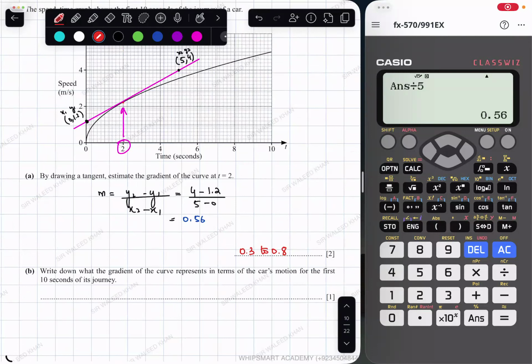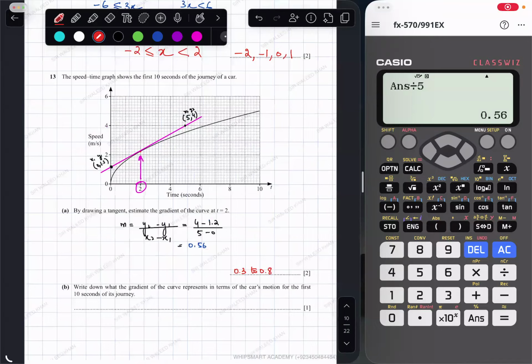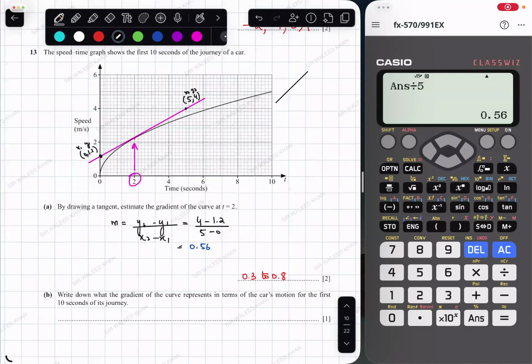Are you sure? In a speed time graph, the gradient represents acceleration or deceleration. Okay, two things: acceleration or deceleration. Left to right, keep this rule in your mind. Left to right, up, acceleration, down, deceleration. Just as the gradient.